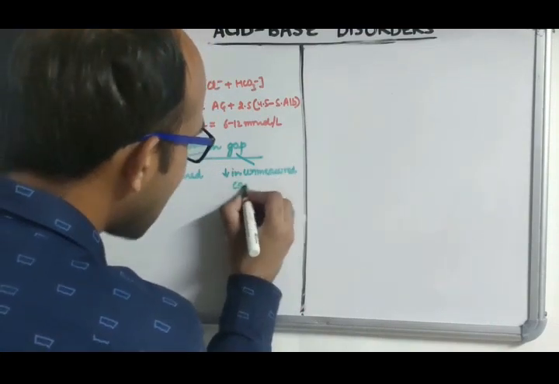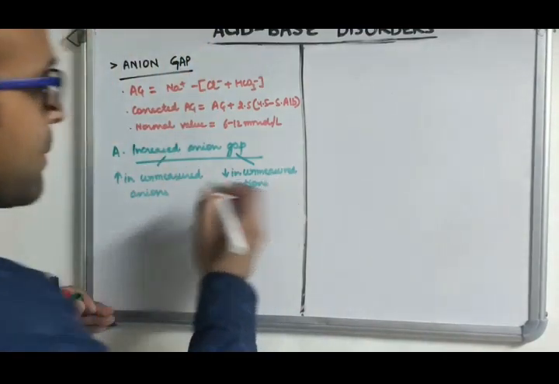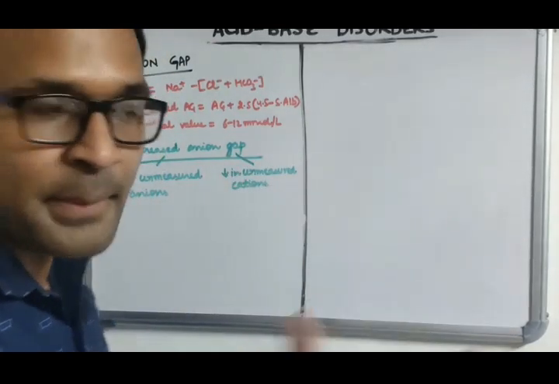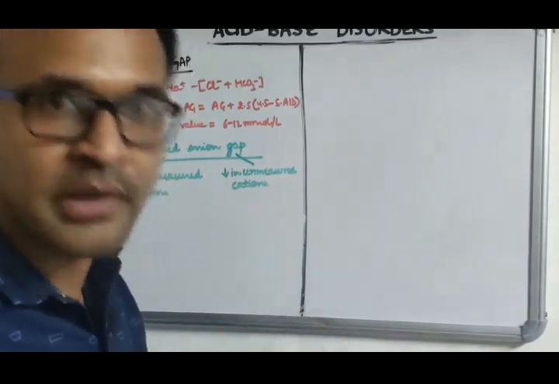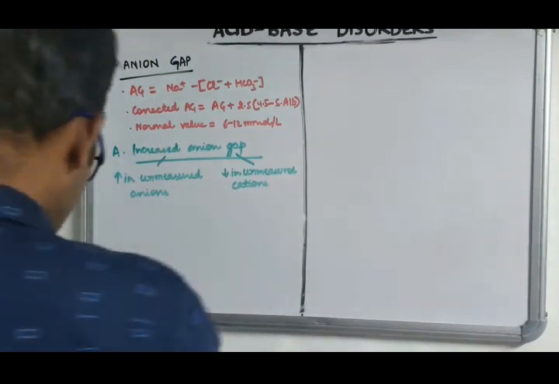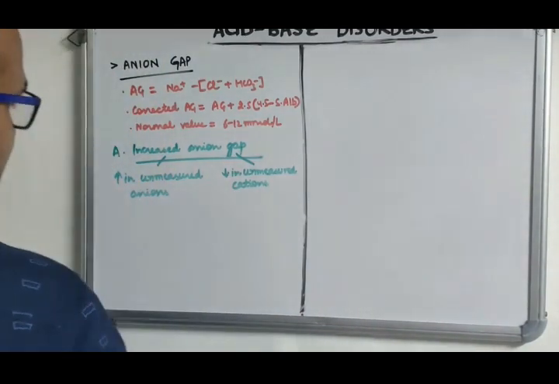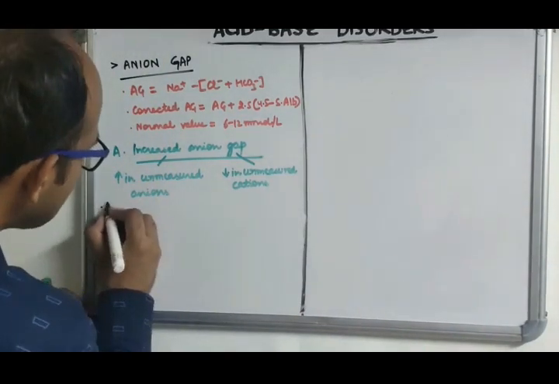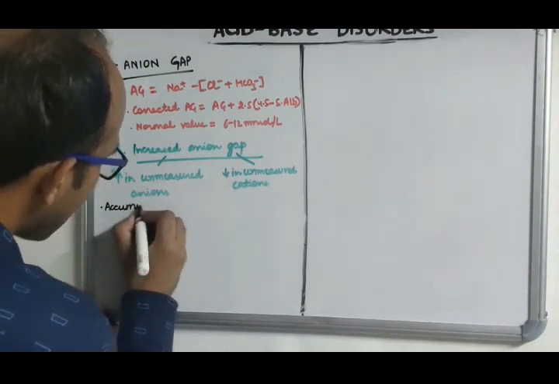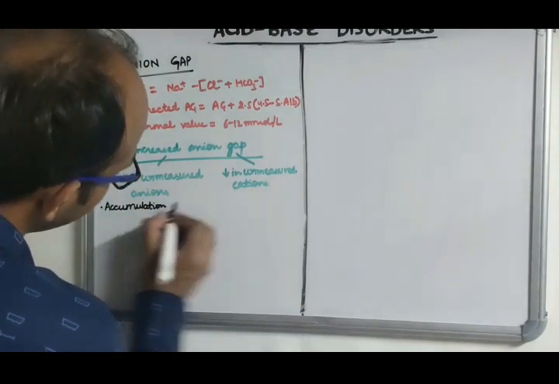So remember, anion gap increases with increasing anions, be it phosphate, sulfate, albumin or acids. First of all, we'll talk about the conditions which are associated with accumulation of acid anions.